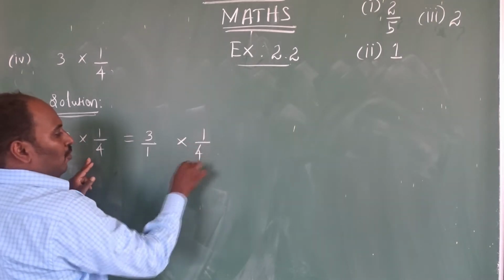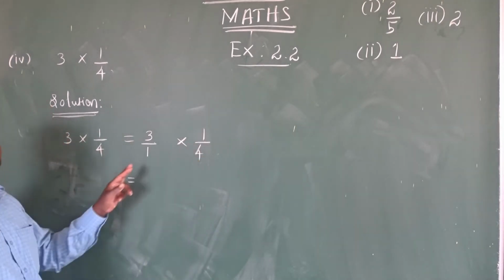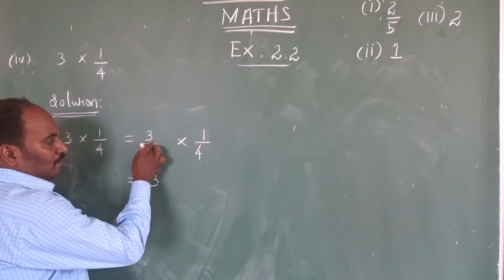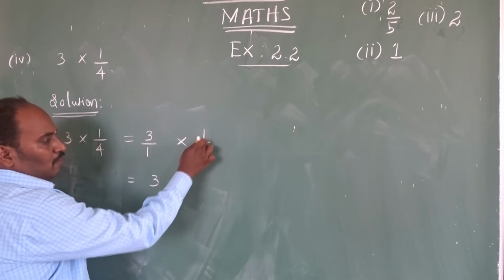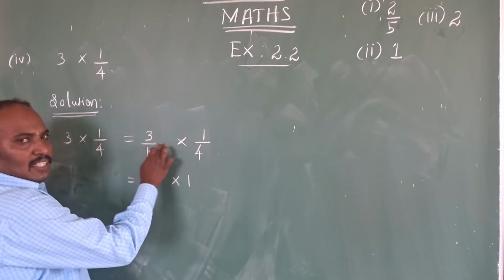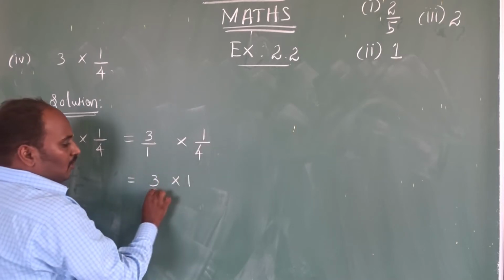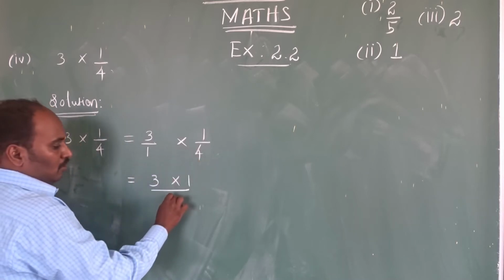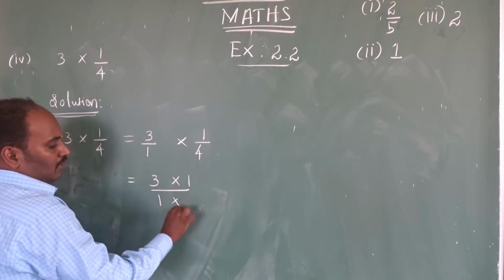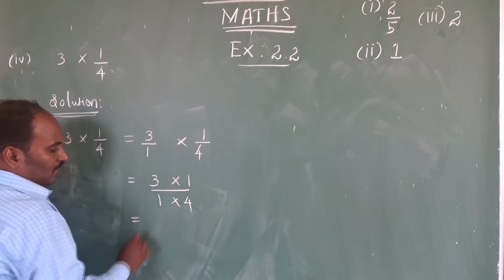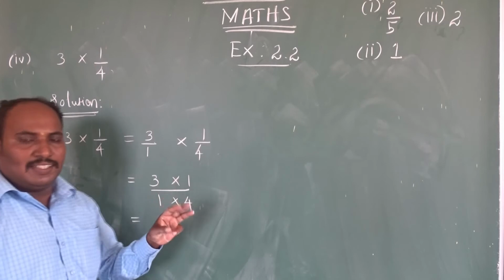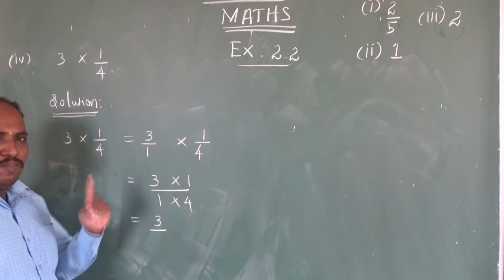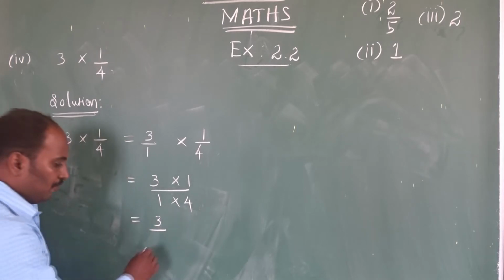First we multiply the numerators. Our numerator part is 3 into 1, which is 3. Then the denominator is 1 into 4, which is 4.